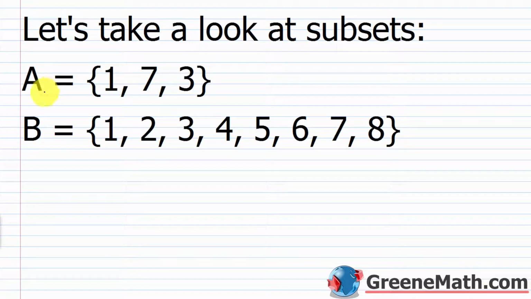If I have set A, which contains the elements 1, 7, and 3, and set B, which contains the elements 1 through 8, then A is known to be a subset of B. And more specifically, A is a proper subset of B because B contains all elements of A and they're not equal to each other.